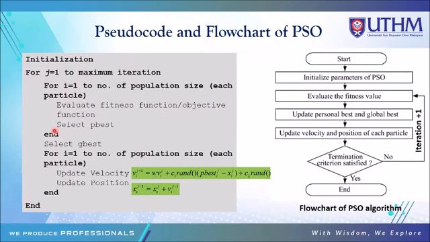Let's say we have 20 particles: we repeat for particle 1, particle 2, number 3, up to 20. Then we determine the global best solution, and again for each particle we update the velocity and position. This is the pseudocode of the PSO algorithm.